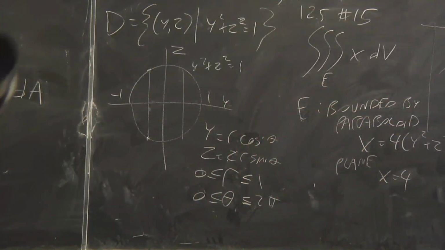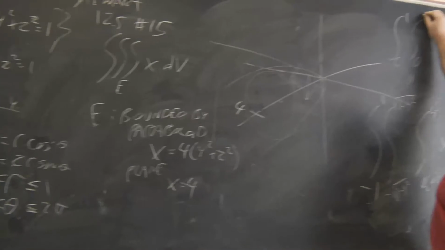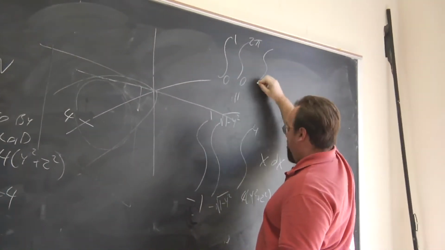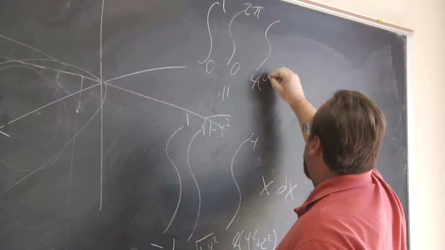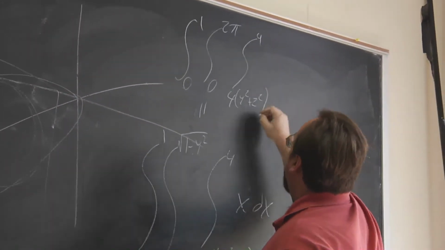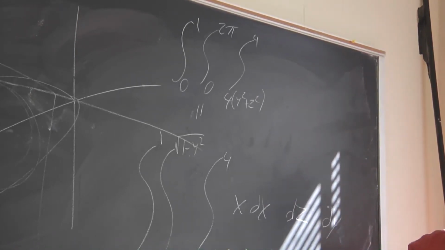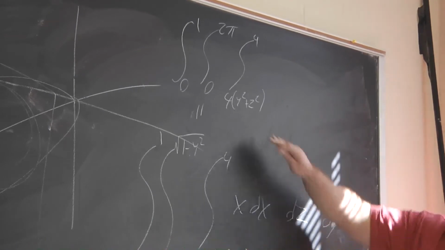So now we can write this integral as the integral from 0 to 1 in r, 0 to 2 pi in theta, same limits for the innermost integral, but instead of y squared plus z squared, what will I have? Not r, r squared.